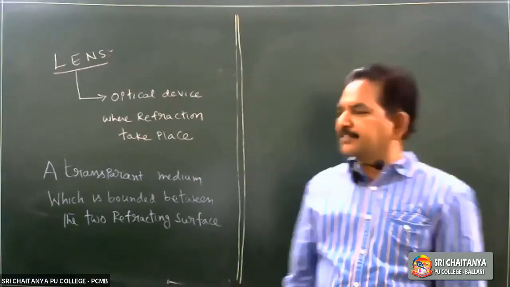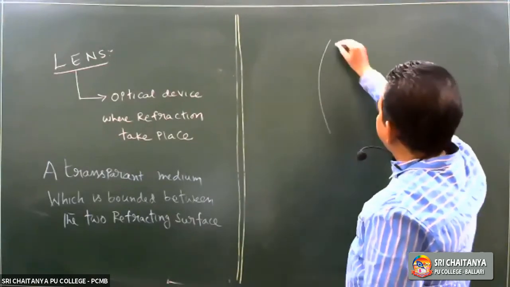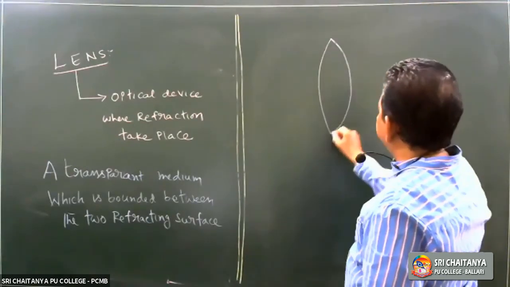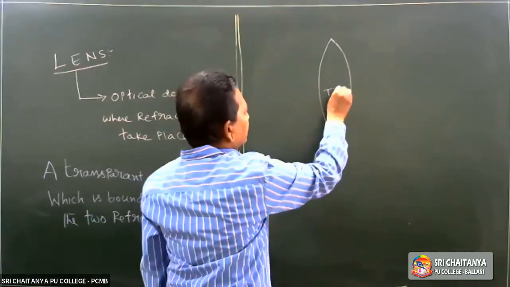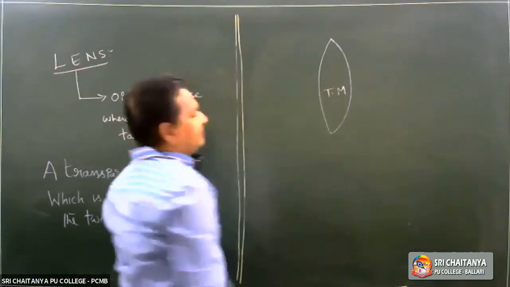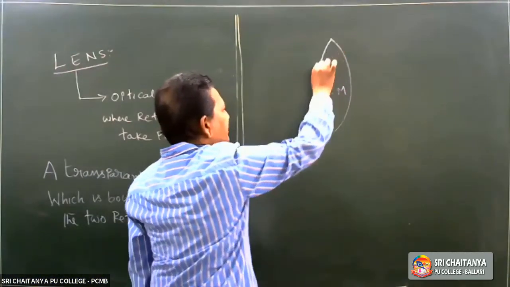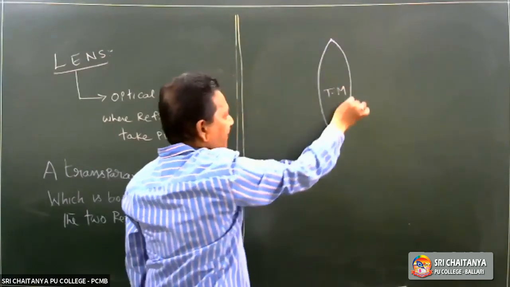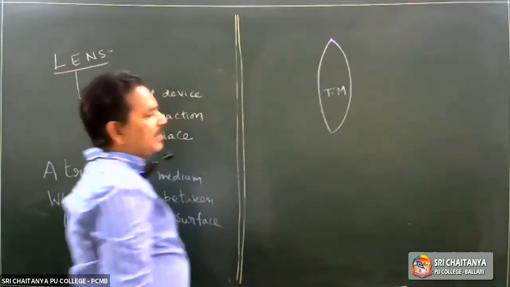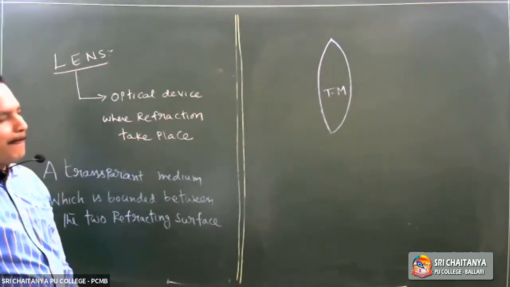That is the lens. So here, this is the transparent medium, bounded between two surfaces. This is the first surface. This is the second surface. This is a lens.